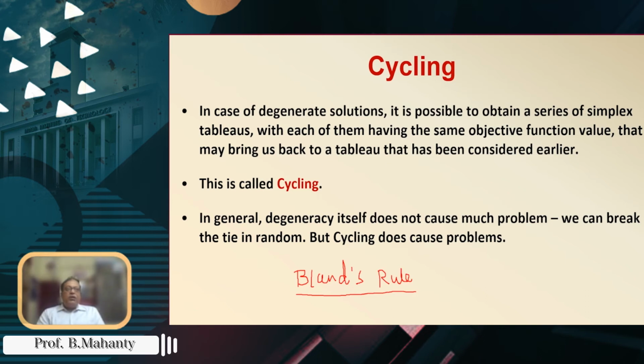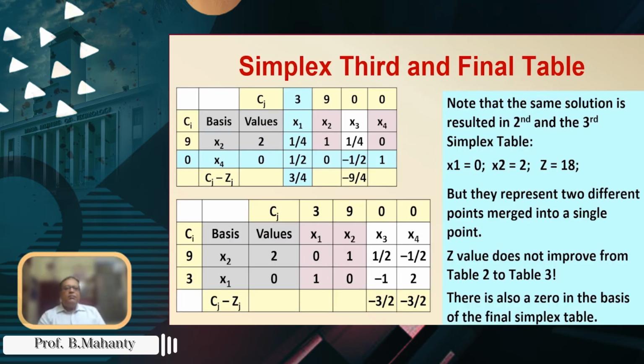So what is the leftmost variable basically? This is a simplex table. If you look at these variables x1, x2, x3, x4, then x1 is the leftmost, x2 is the next left, x3 is the next left, and x4 is the next left.